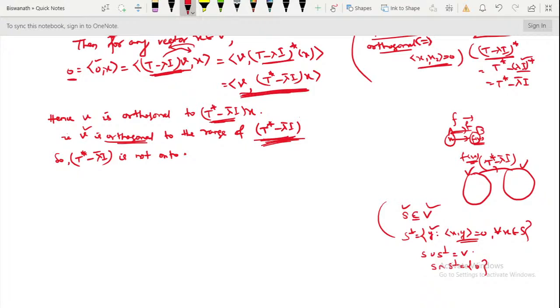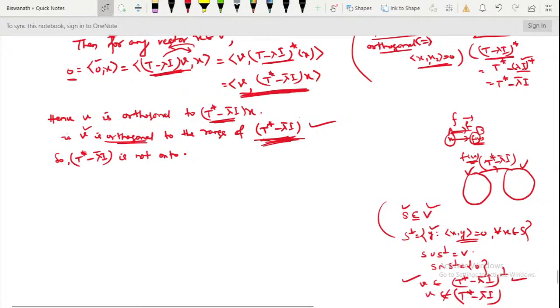Since v belongs to the perp of the range of T star minus lambda bar I, that means v does not belong to the range of T star minus lambda bar I, because for any set, the intersection with its perp is only the identity element.